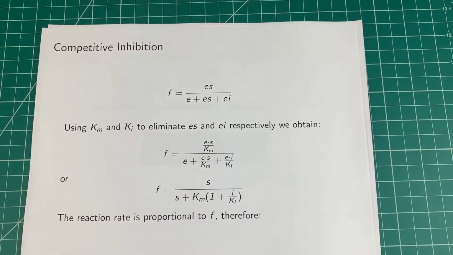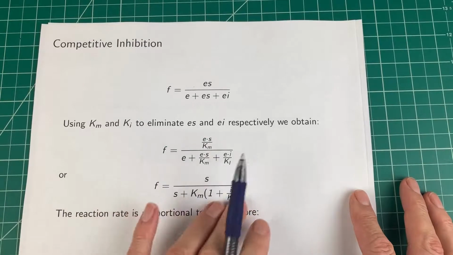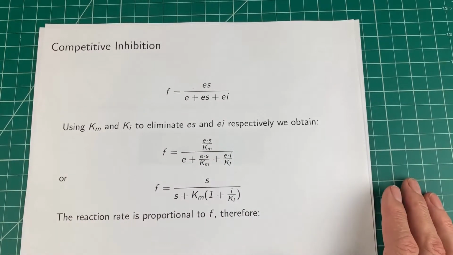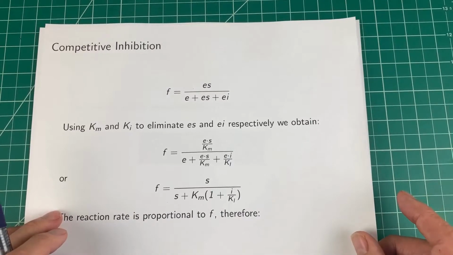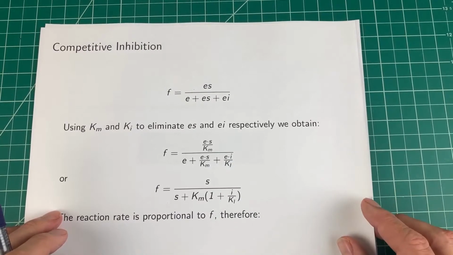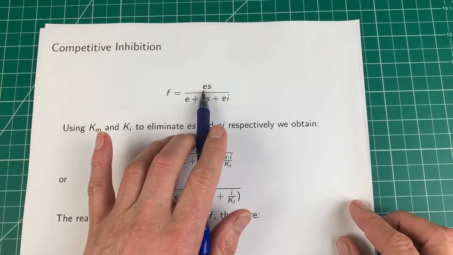Now, we're going to assume that the reaction rate is proportional to the fractional saturation, which seems reasonable. Remember, the fractional saturation goes from 0 to 1. When it's 1, all the enzyme is present as enzyme substrate complex, and when it's 0, there's no enzyme substrate.